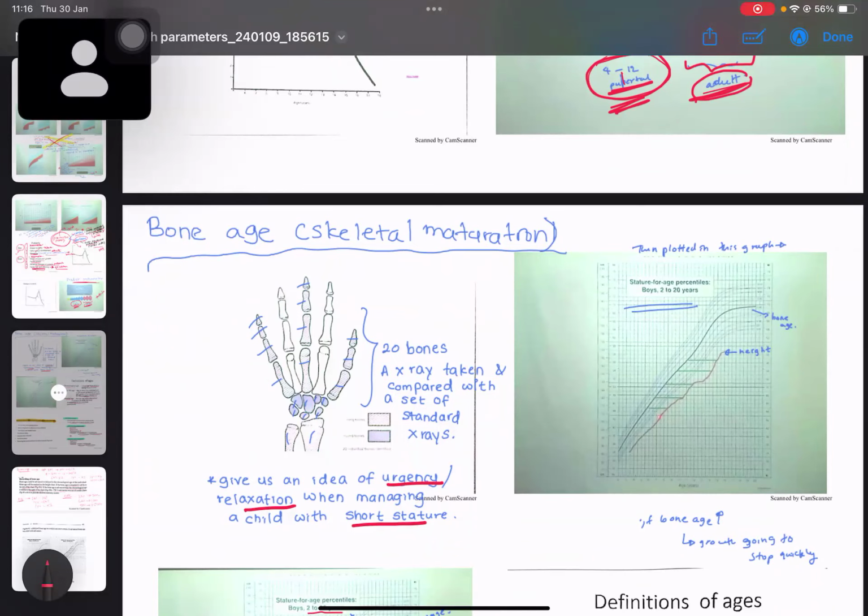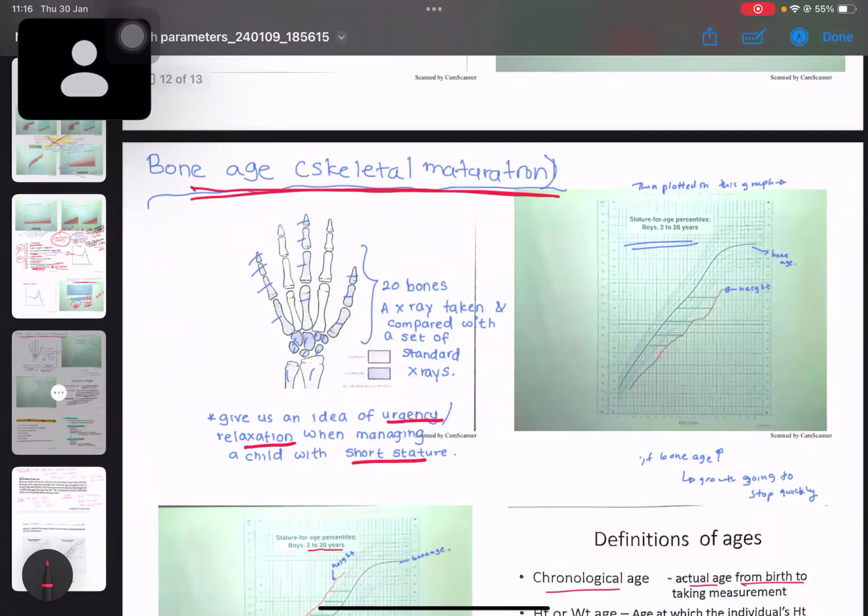It's postgraduate. Then the bone age, the skeletal maturation. They won't ask much about this, but it can be asked in MCQ as one or two stems. Bone age, skeletal maturation: an X-ray is taken and compared with a set of standard X-rays for the age of the child. These X-rays are not taken for all children.